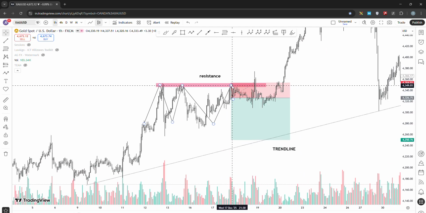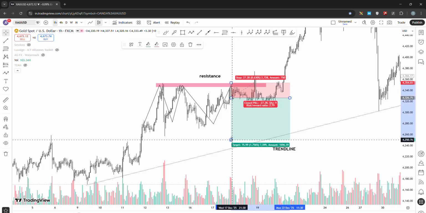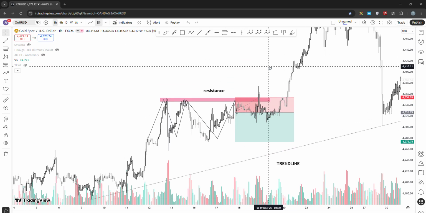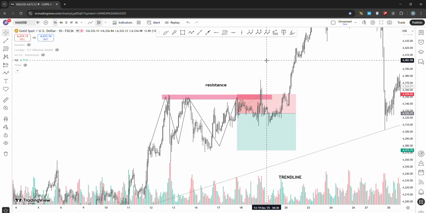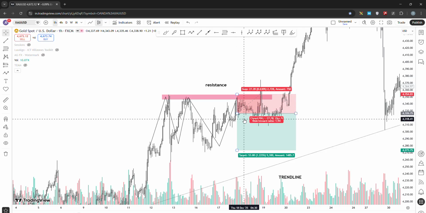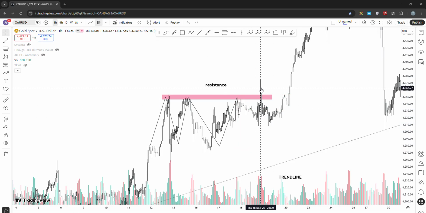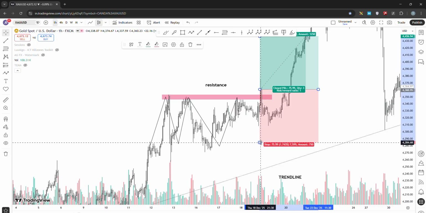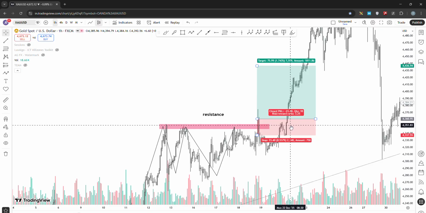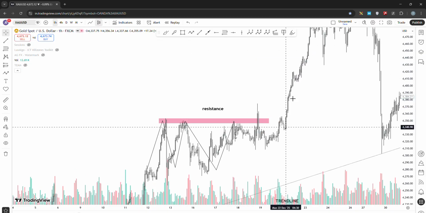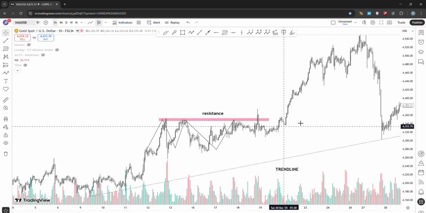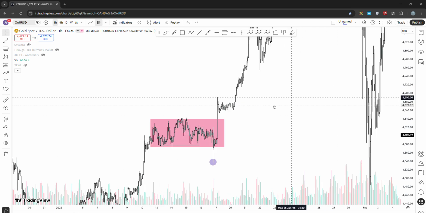So it's a very strong resistance zone, the market will drop, and they will be targeting this low. But you can see that the market takes them out, right? So their stop loss gets hunted, and once their stop loss gets hunted and you see a massive green candle, the buyers will come into the market and their stop loss will also get hunted, and then the market will move in that direction. So this is what support resistance liquidity looks like.